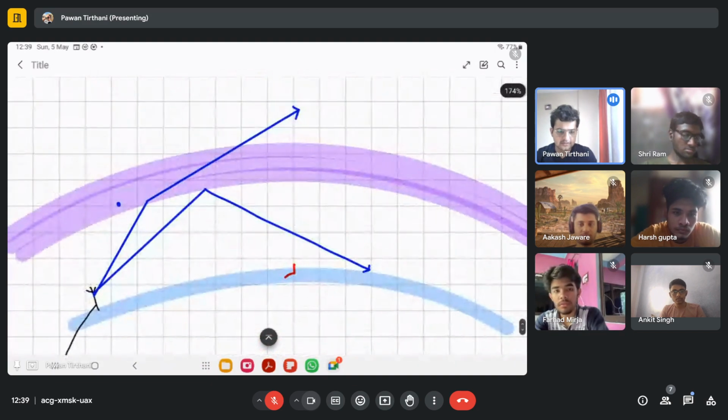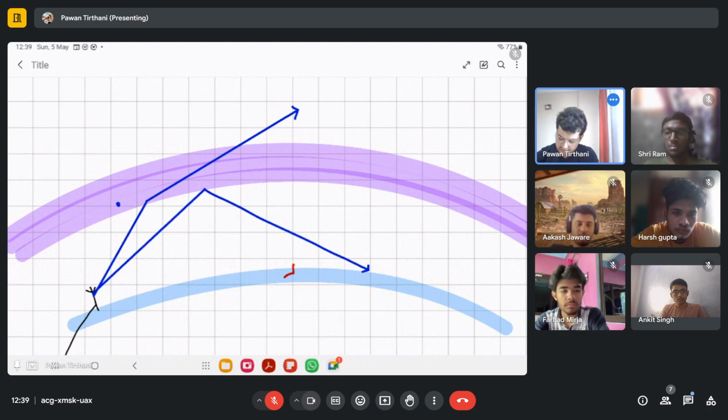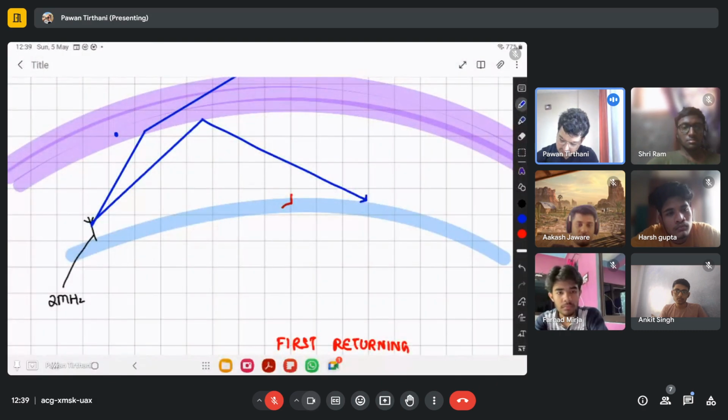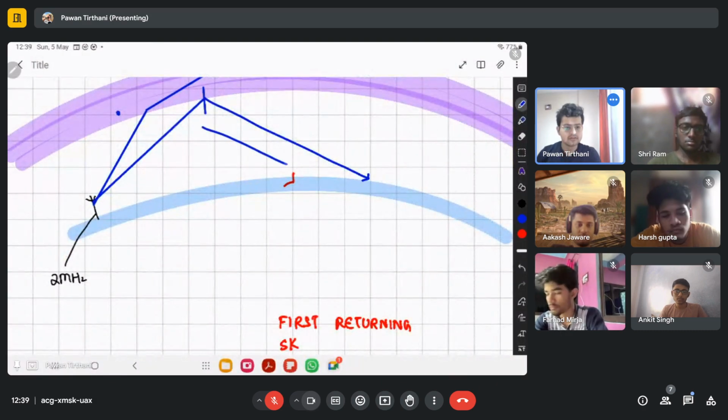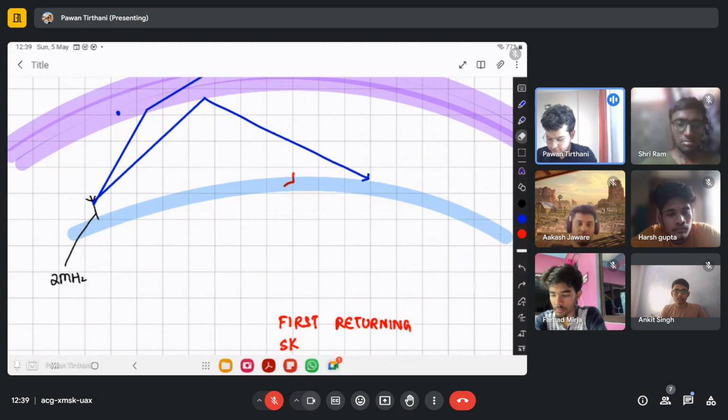So keeping things very simple, the waves before the first returning sky wave will go away. And just at a certain angle, these waves will start coming back, coming back, coming back. No doubts?